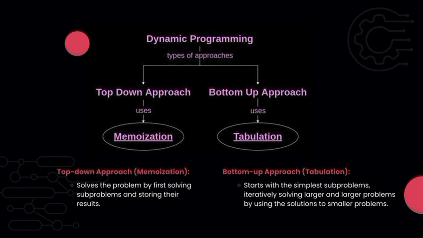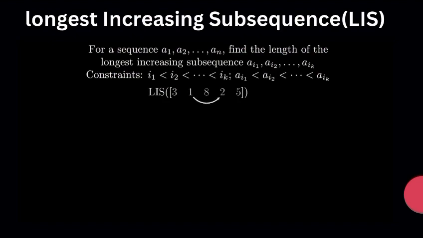Now let's look into another problem to better understand the intuition behind this method. Here, the longest increasing subsequence is 1 followed by 2 followed by 5, with a total length of 3.